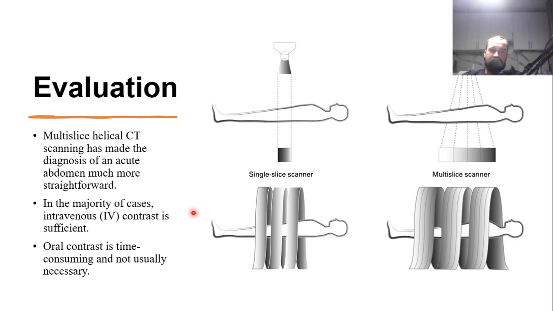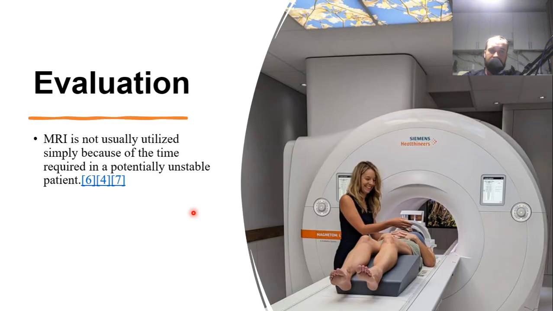Multi-slice helical CT scanning has made the diagnosis of an acute abdomen much more straightforward. In the majority of cases, intravenous contrast is sufficient. Oral contrast is time-consuming and not usually necessary. MRI is not usually utilized simply because of the time required in a potentially unstable patient.